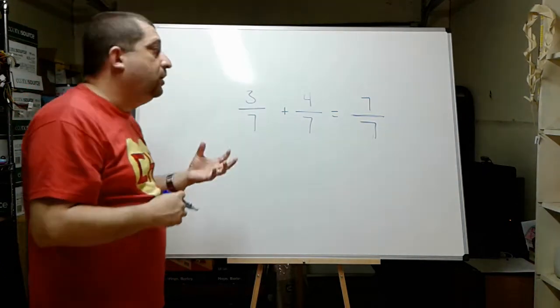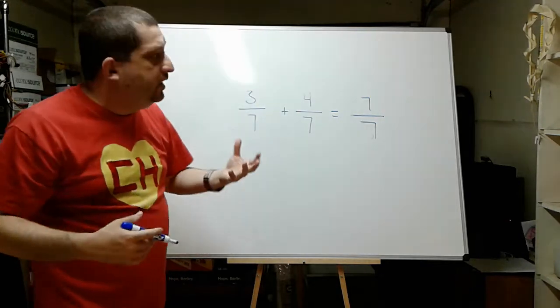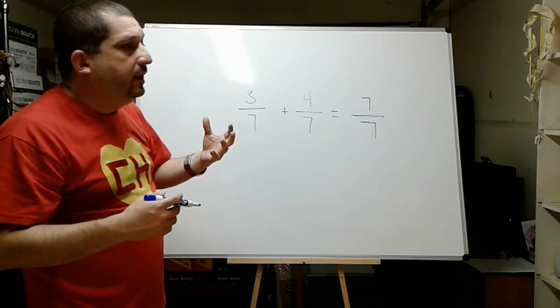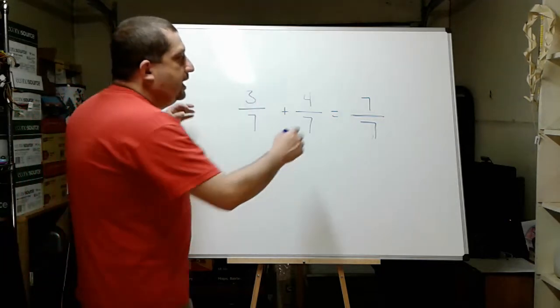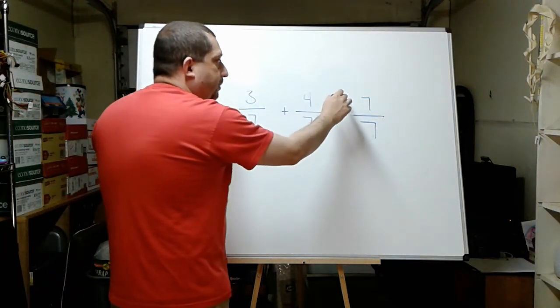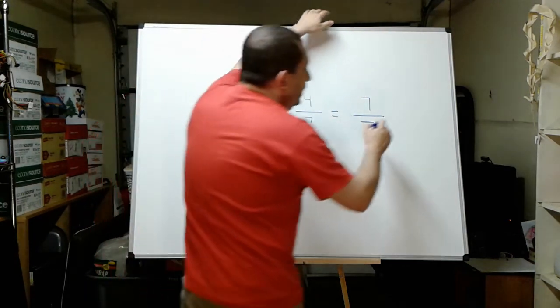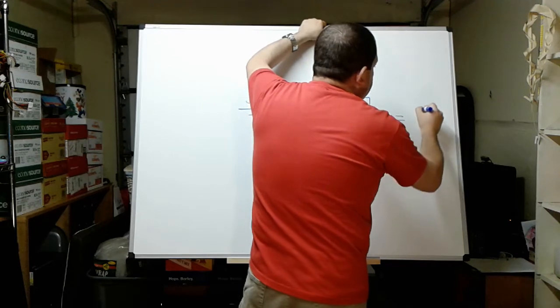However, my friends, also on your GED exam and also mathematically speaking, it's better if we write the following answer. Whenever you have the same number on the top and in the bottom, in this case I have the 7 and the 7 here, the answer is always going to be equal to 1.